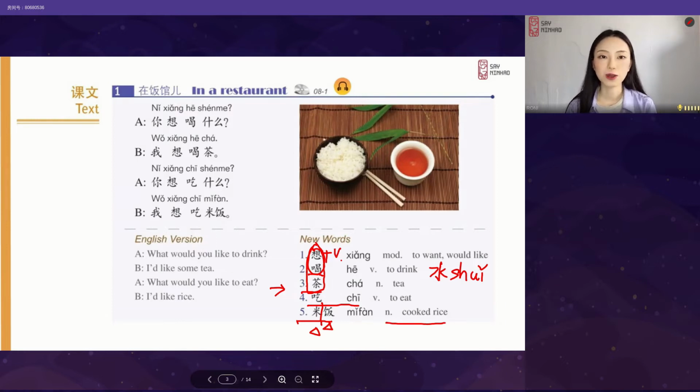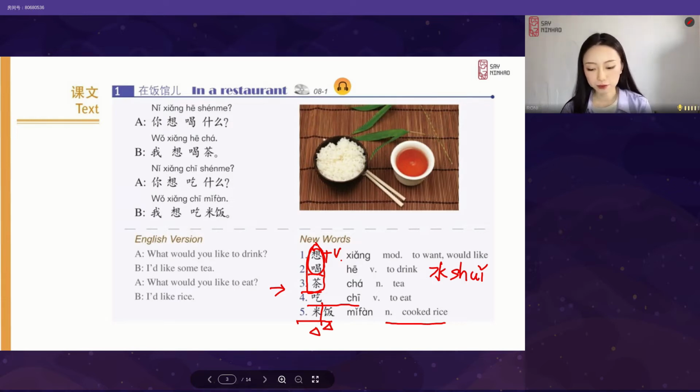Okay, so we will put the subject at the beginning of the sentence, which is 我. Want to eat is 想吃, 我想吃. Cooked rice is 米饭, so the sentence is 我想吃米饭.